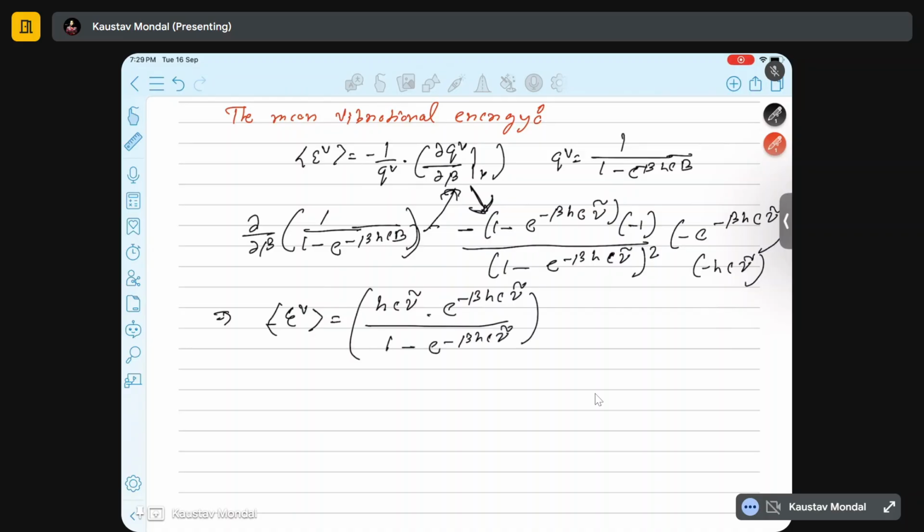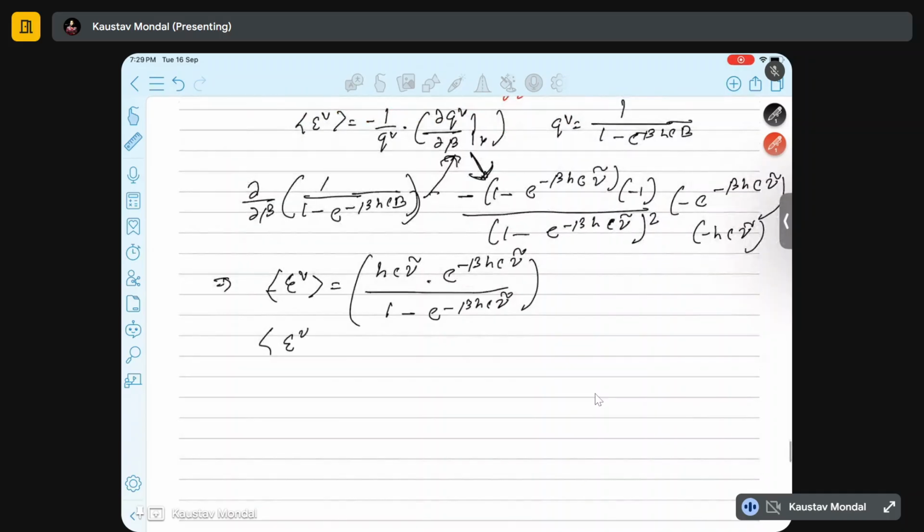You can make this expression simpler by dividing the numerator and denominator by e to the power beta hc nu tilde. The whole thing becomes hc nu tilde divided by e to the power beta hc nu tilde minus 1. This is the expression of the mean vibrational energy.